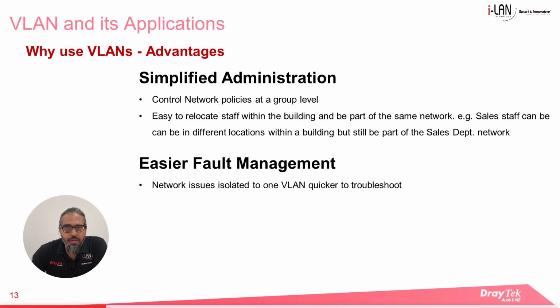Troubleshooting problems on the network can be simpler and faster when different user groups are segmented and isolated from one another. If you know that complaints are only coming from a certain subset of users, you'll be able to quickly narrow down where to look to find the issue.